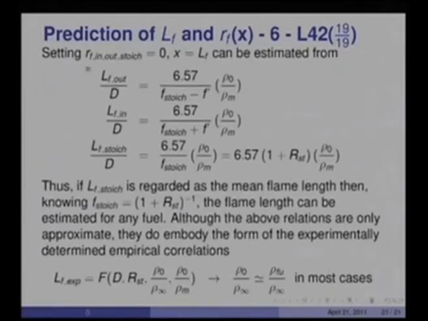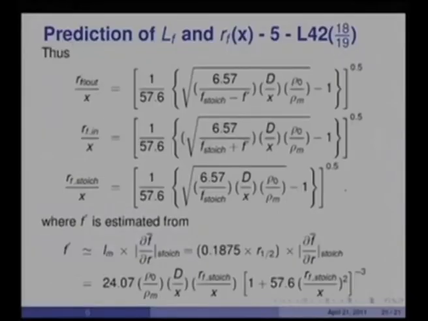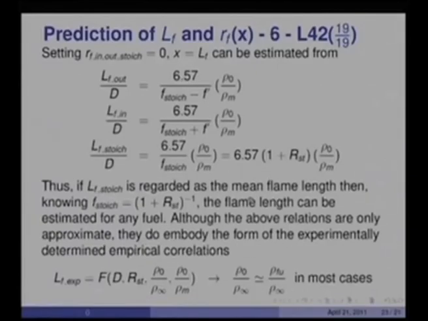Now if I set R f in each case equal to 0, then I will get L f in, L f out, and L f stoic. That is what I have done here. So, L f out divided by d would be 6.57 times f stoic minus f dash times rho naught by rho m.